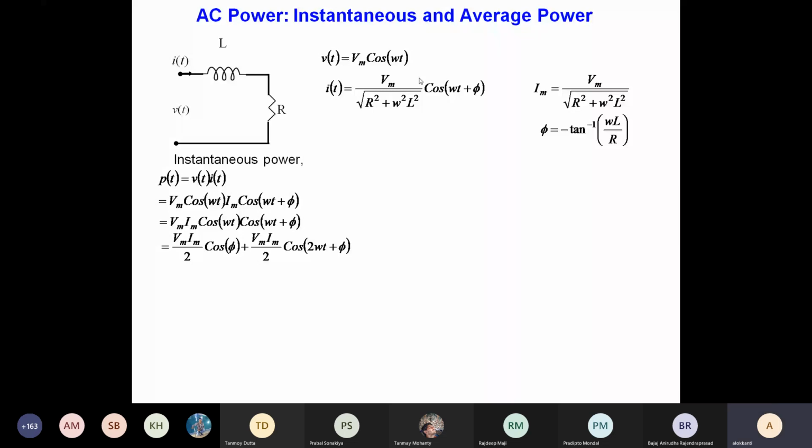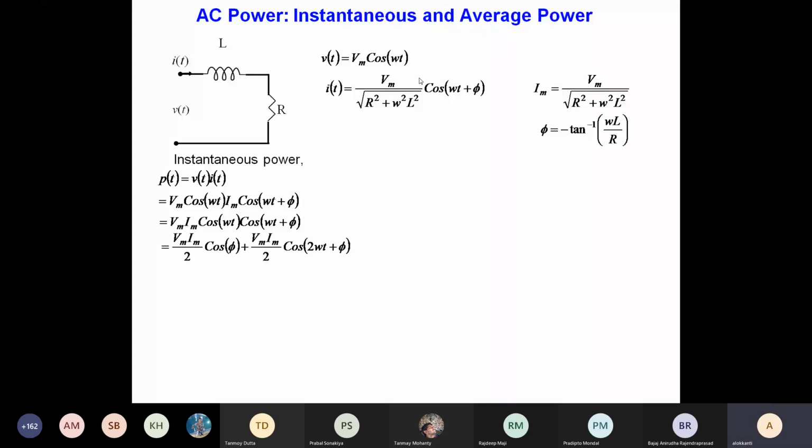So in AC systems the power also varies sinusoidally. Since we assumed the voltage and got the current also sinusoidal, now we see the power is also sinusoidal. And obviously we are talking of instantaneous power, the power at a particular instant. If you plot it at every instant, the power is sinusoidal in nature, but has twice the frequency of the voltage and current.